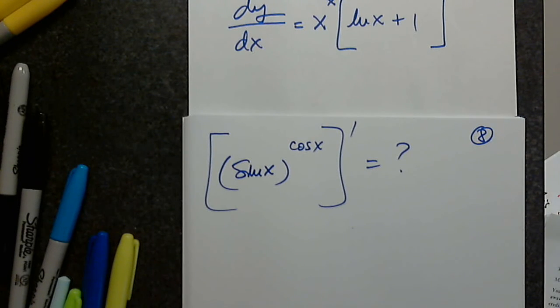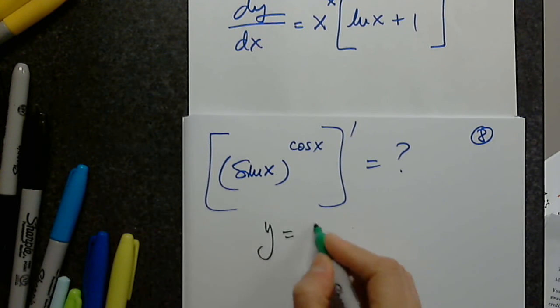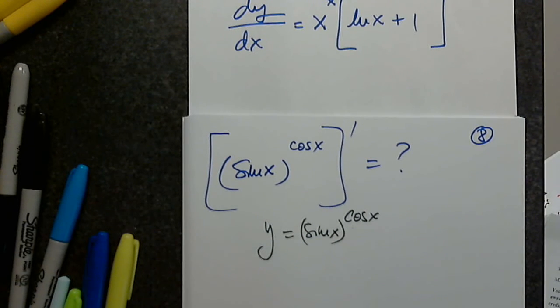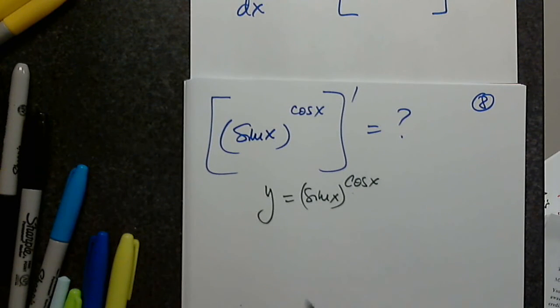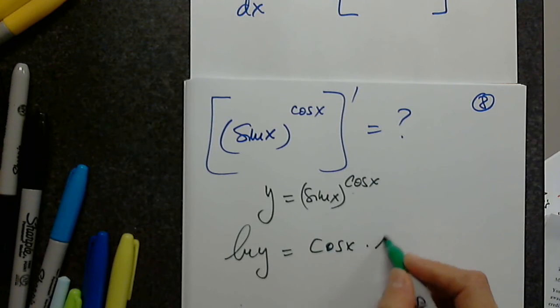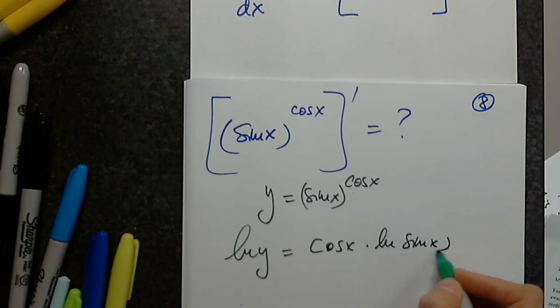What is my only chance? My only chance is to denote first. That's my first step. Denote this by y. My second step must be natural log. Very good, natural log y equals cosine x times natural log sine x, because I already brought the power in front as a factor.